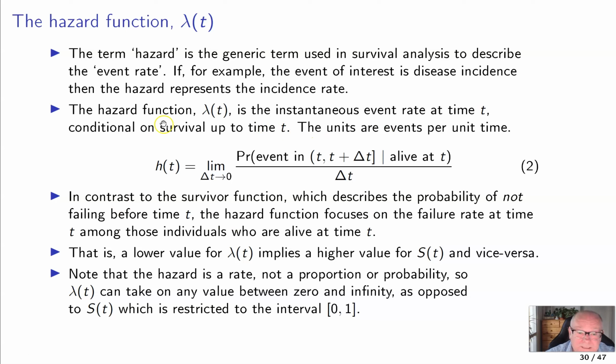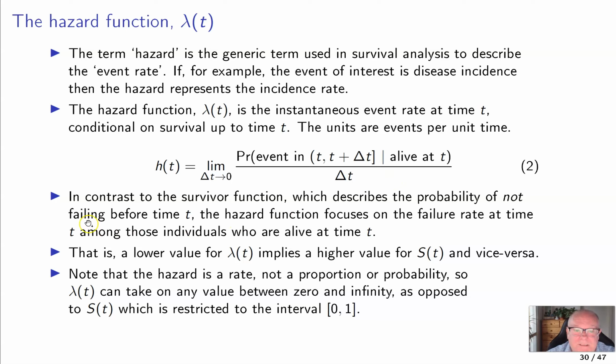Now, this is it mathematically. So it's the probability of having an event in the next small instant after time t, given you've already survived up to time t, and then divided by the person time, if you like.